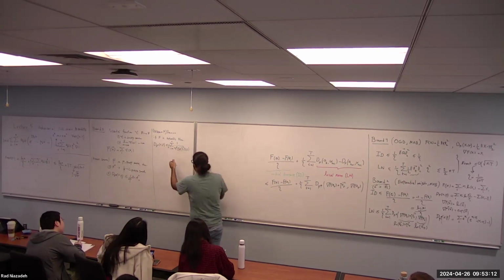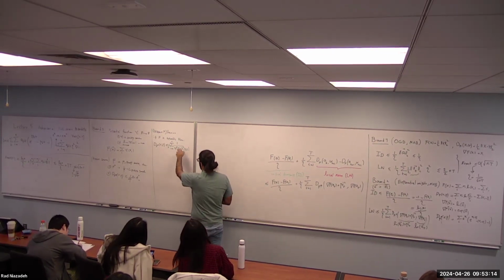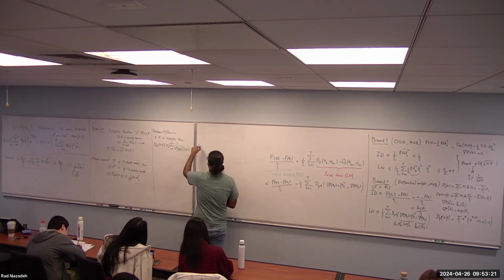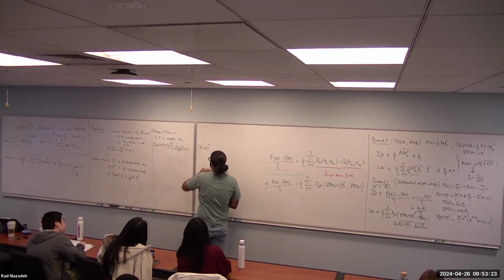Maybe there is a better way of writing this one, by the way. I don't care if there is. All I care is this form is what I'm going to use. Times y_i minus x_i squared.